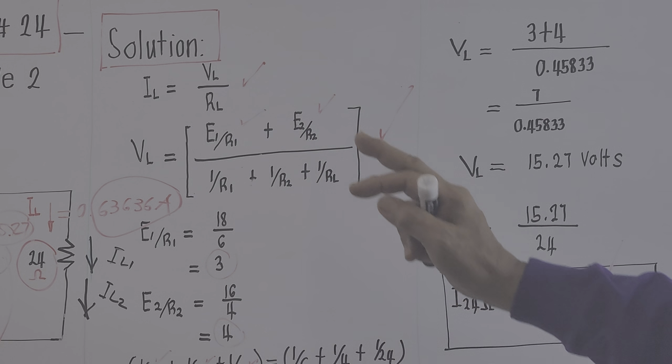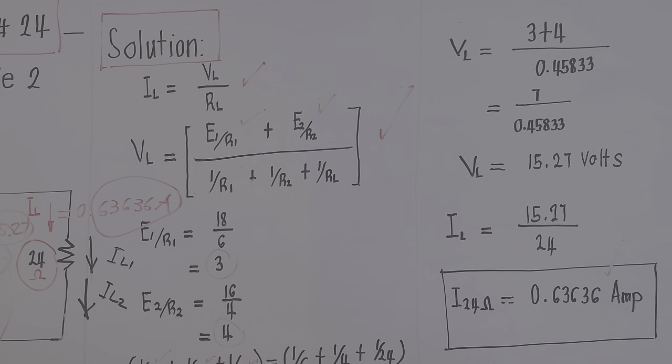So the total current passing through the 24 ohm load will be 0.2727 plus 0.3636, and the summation will become 0.63636, same as this one. So our solution is correct, because upon checking it by using the superposition theorem, the current passing through the 24 ohm load is 0.63636 amperes, the same as before.